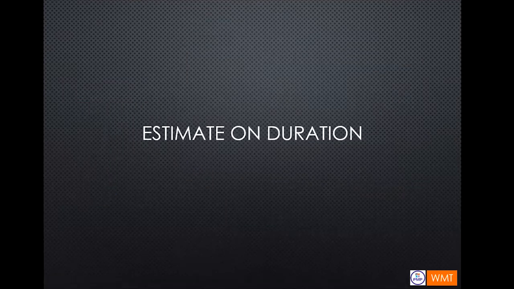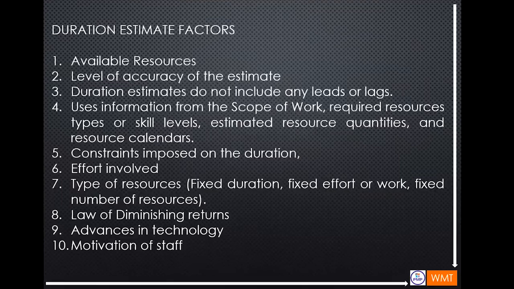So, estimate on duration. I listed 10 factors that affect the duration estimate. Number one is available resources, and then the level of accuracy of the estimate. Duration estimates do not include any leads or lags.